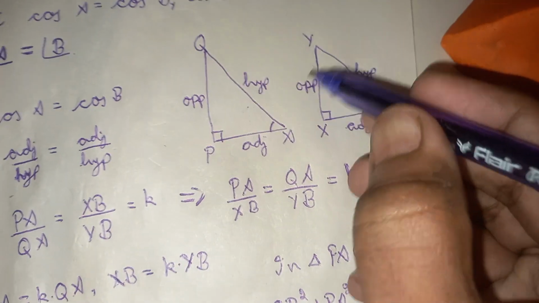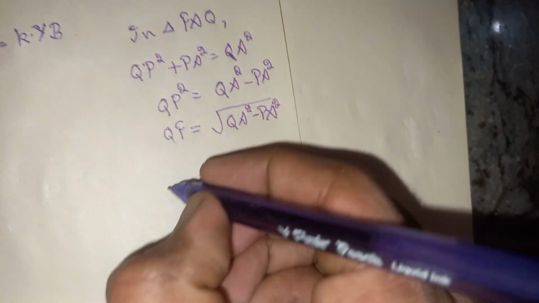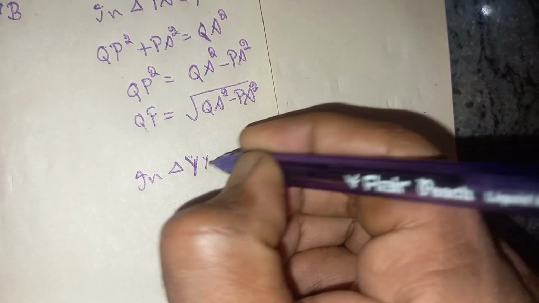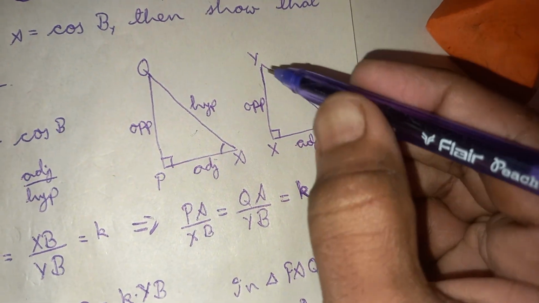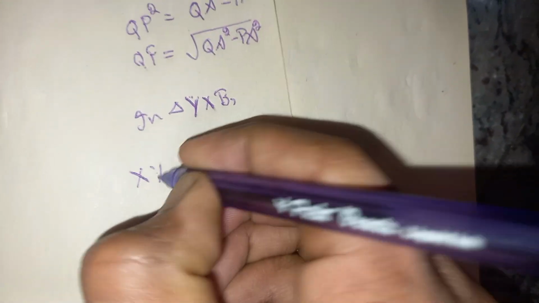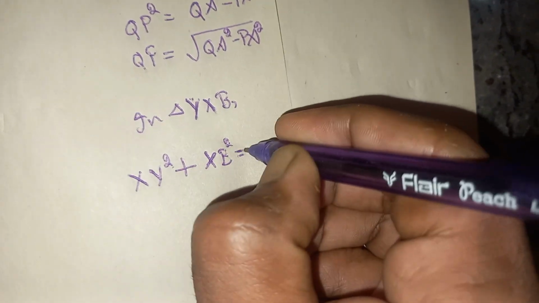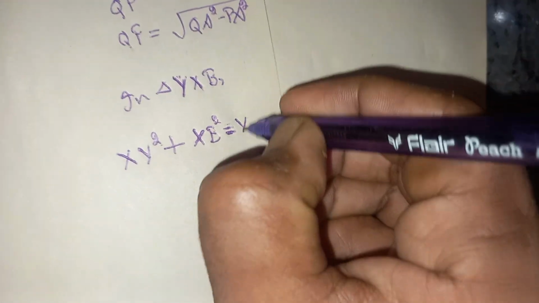In the same way, take this triangle YXB. In triangle YXB, this side square plus this side square equals hypotenuse square, that is XY square plus XB square equals YB square.